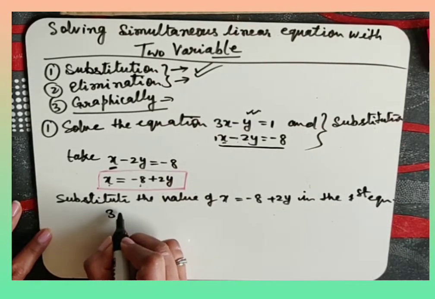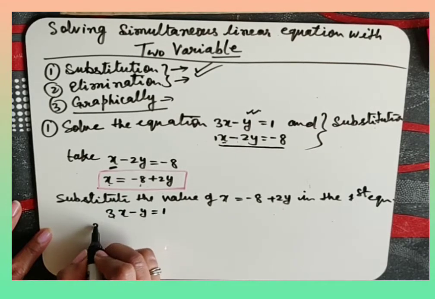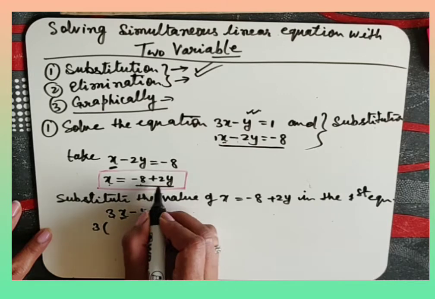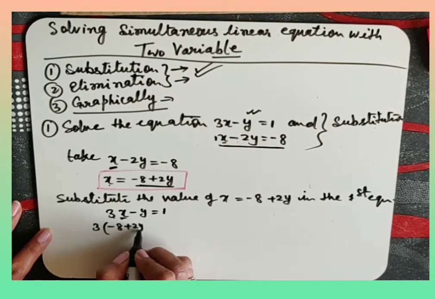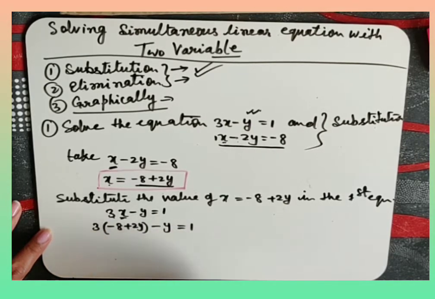Write down the first equation, 3x minus y equal to 1. Write down 3, and in place of x substitute the value we got, minus 8 plus 2y, and minus y equal to 1.